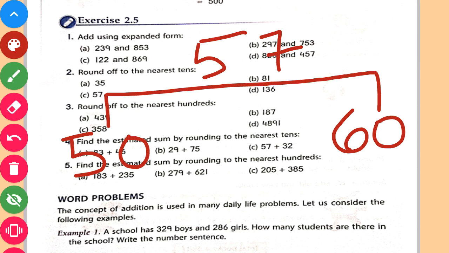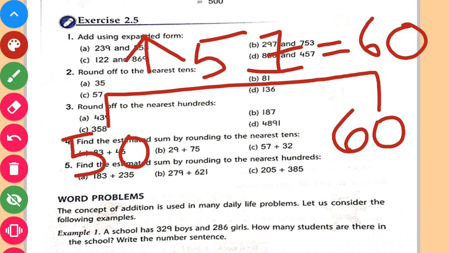Now, digit at ones place is 7. 7 is greater than 5. As 7 is greater than 5, this 7 will become 0 and this 5 will get increased by 1. This will become 6. So this number gets rounded up. This number will become 60. Okay.